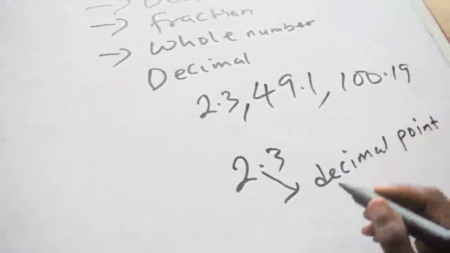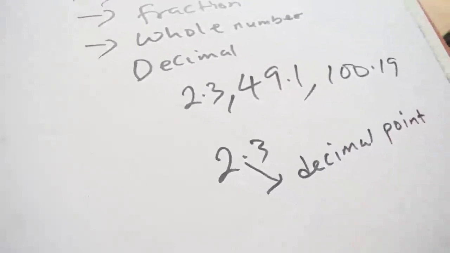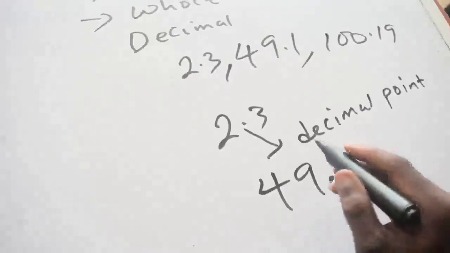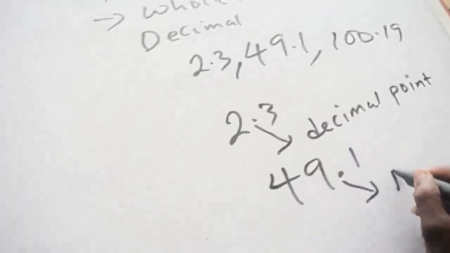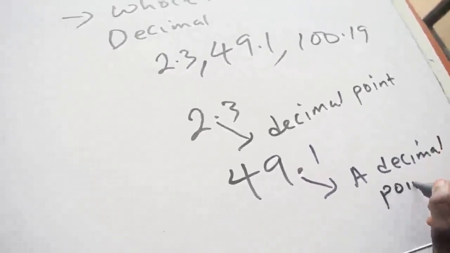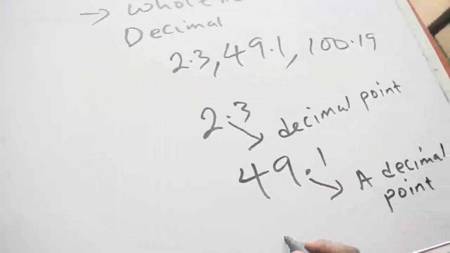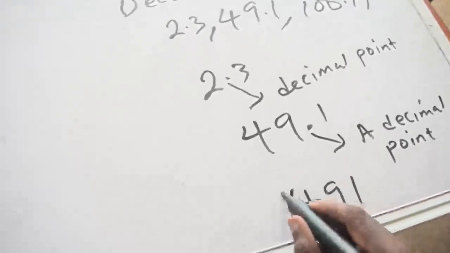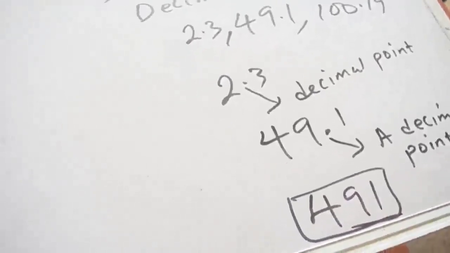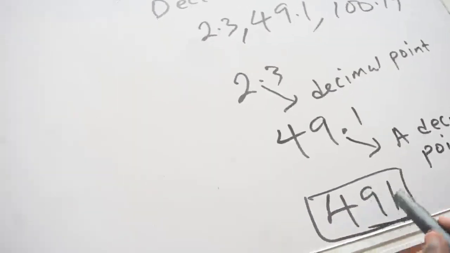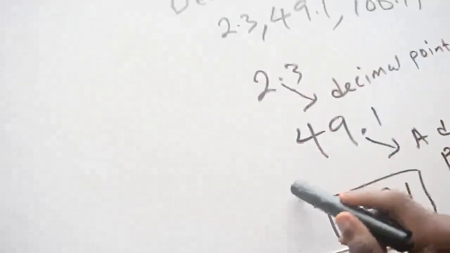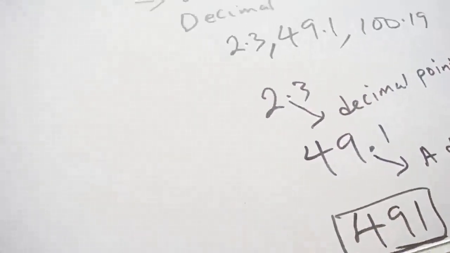So any number with a decimal point is said to be a decimal. 49.1 is also a decimal because it has a decimal point. If I give you 491, this number will never be a decimal because it has no decimal point. So any number with a decimal point is said to be a decimal.